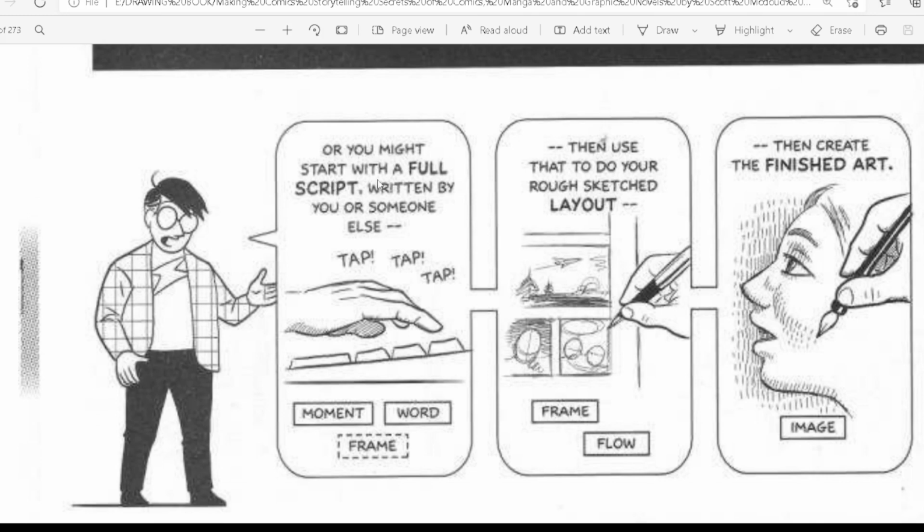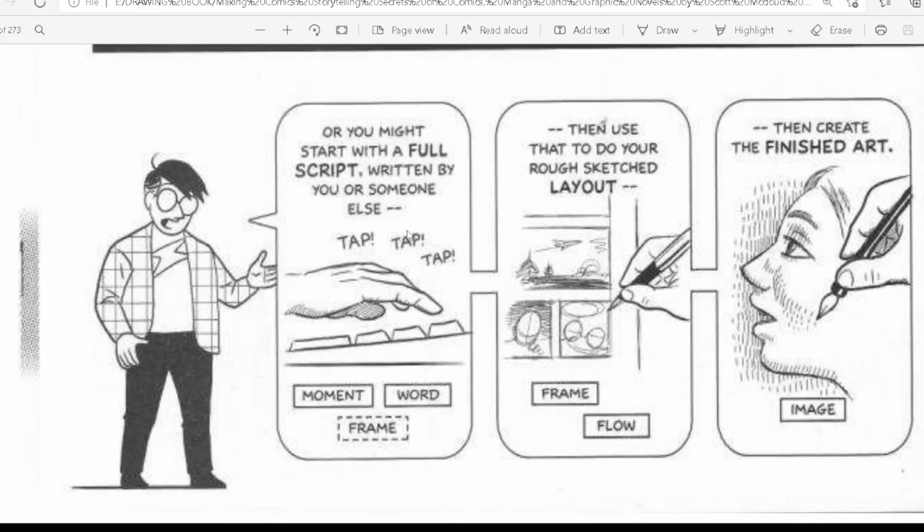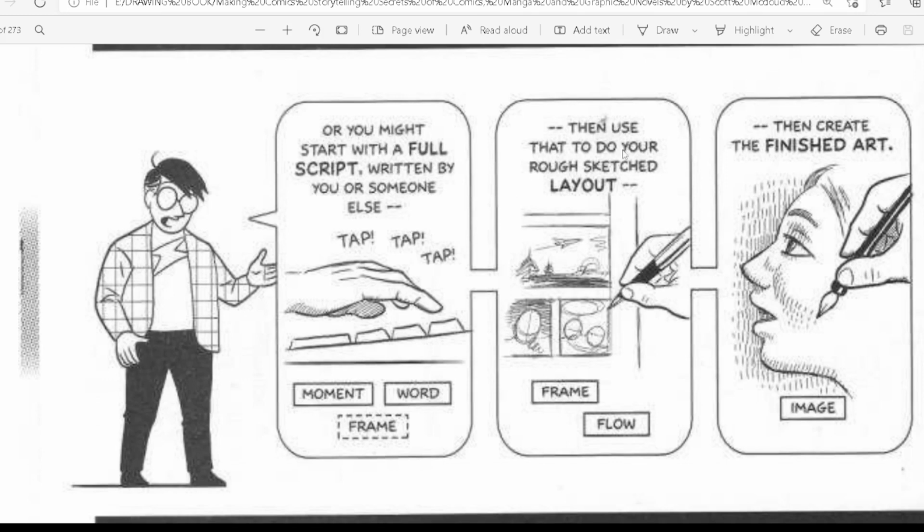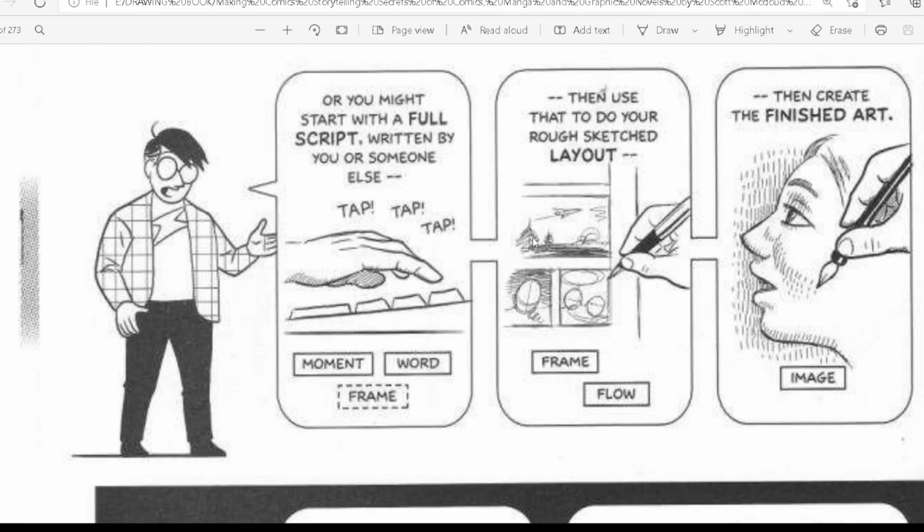Or you might start with a full script written by you or someone else. Then use that to do your rough sketch layout, then create the finished art. I think it is the best way: first, if you have the script, that is the best way to make any comic books.